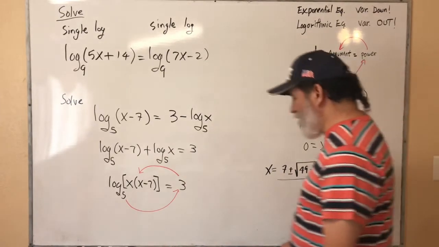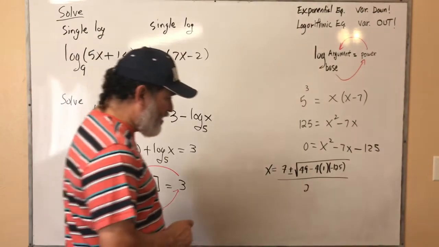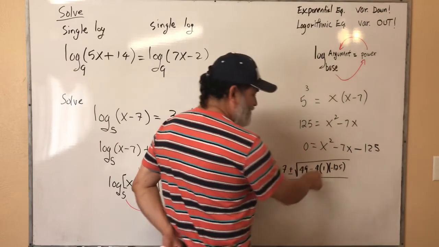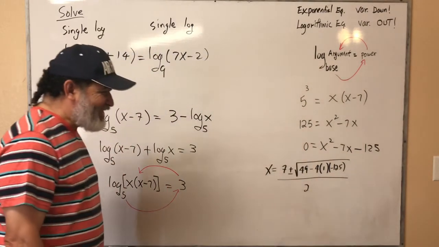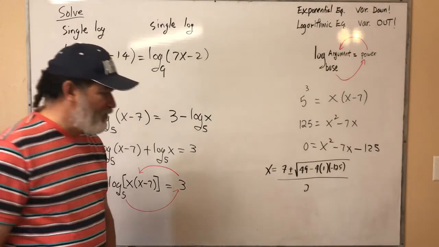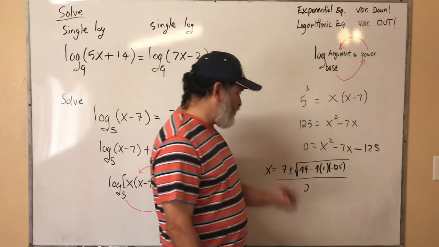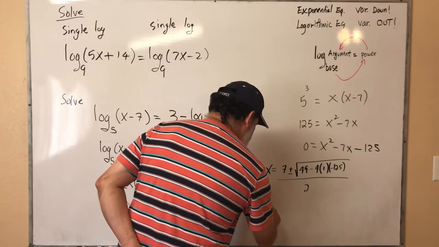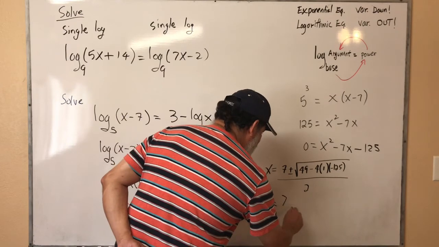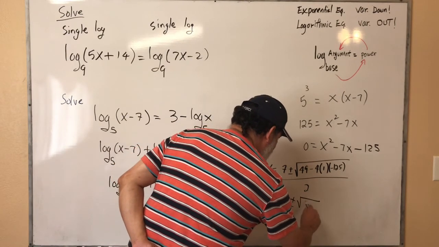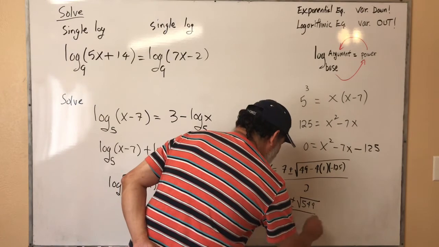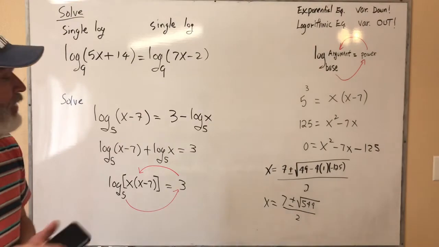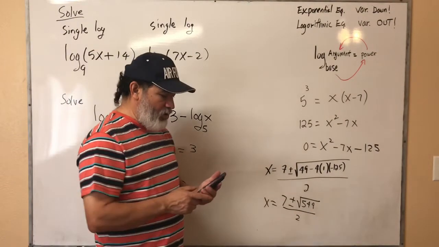Okay. And now take negative 4 times negative 125, isn't that 500? So that's 500 plus 49, that's 549. So x equals 7 plus minus the square root of 549 divided by 2. Lucky for me, I got my calculator and I can check my work.